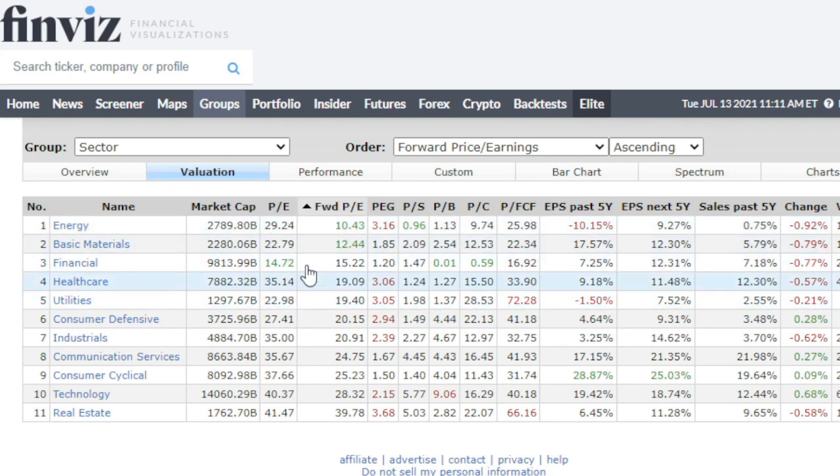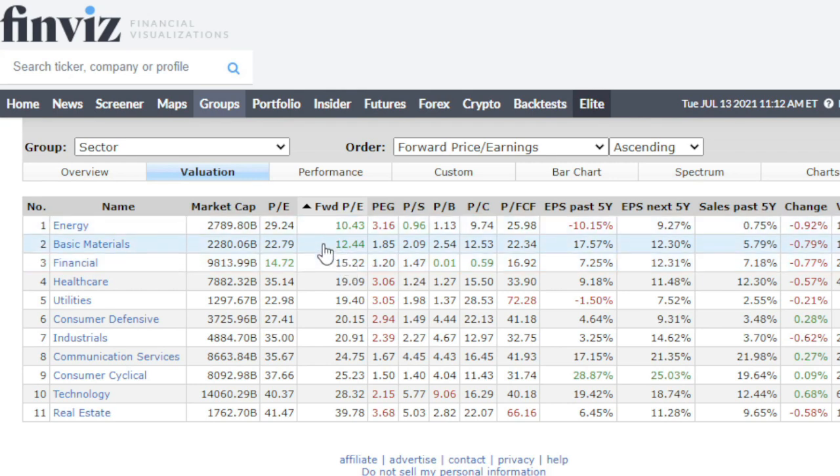I think we have that in all cases. Well, you see here on financial, this is interesting. Trailing 12 months, 14.72, but the forward is 15.22. So the intuition there suggests that the value for financial would actually go down, or the cost per earnings would go up, just by looking at these broad numbers.